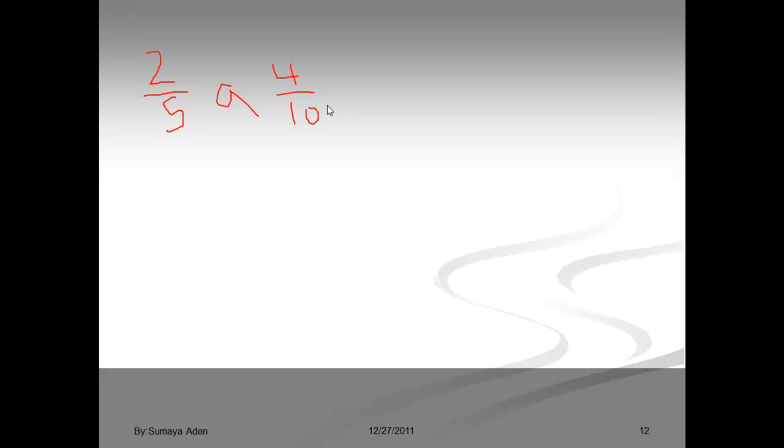But to find out if they are, you could multiply 2 over 5 by 2, which equals 4 over 10.